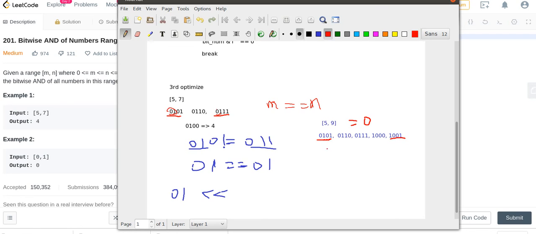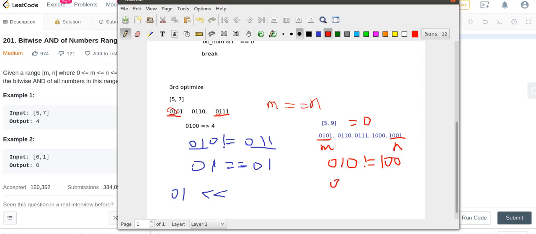So we compare m and n. If they are not equal, we need to shift right by 1. Then we compare 0 1 0 with 1 0 0. This is not equal.